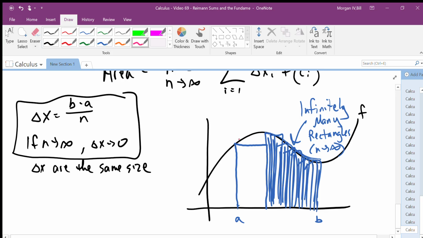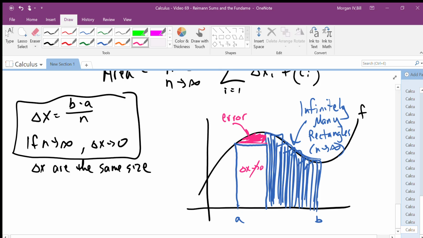I still have error if my first rectangle never got smaller. It doesn't have to be one, it could be 2 or 3 or 15, but if you have a rectangle whose width does not go to 0, so for this particular one the delta x does not go to 0, that creates error, which means I won't have an exact area under the curve, even though the number of rectangles went to infinity.